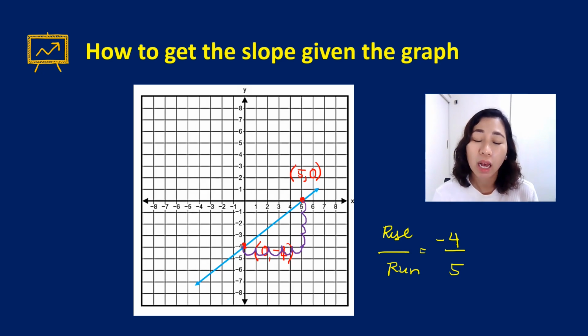And that is negative, I mean, because I went to the left. So therefore, my slope is 4/5. Again, it makes sense because the slope here is positive since our line is going up. So if you have a line which is going up, the slope should be positive.